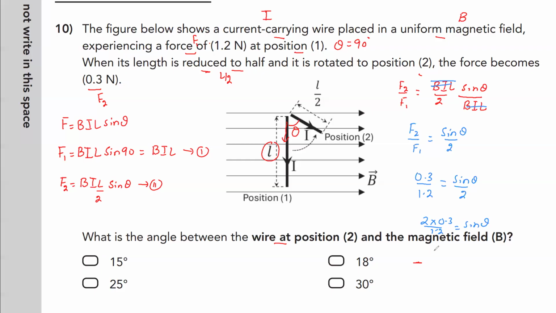So 0.6 divided by 1.2 is equal to sine of theta, which is 1 by 2. Sine theta is 1 by 2, so theta is equal to 30 degrees. So your right answer here is 30 degrees. This is the method that you can solve this type of question. Now we move to the next question.